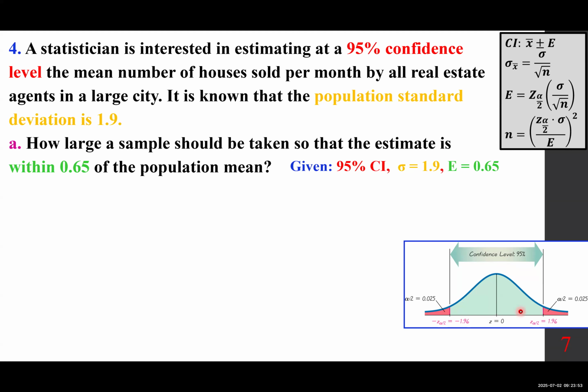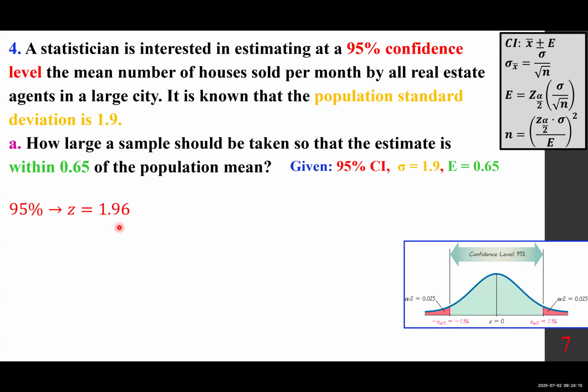That means each tail is half of that. So half of 5% is 2.5% or 0.025. And the Z value is plus minus 1.96. This is one of those common values, so perhaps you want to remember that.